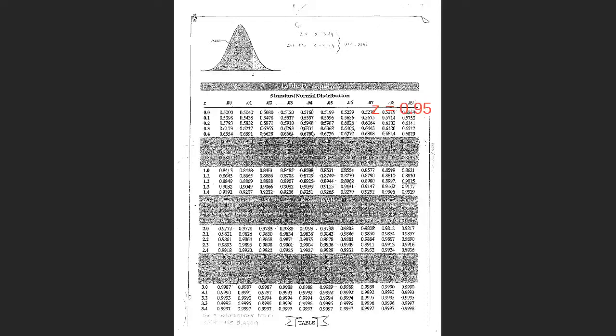I've given you the Z-score, and it's asking for the area to the left. So 0.9, remember I first looked in the column for 0.9, and that is right here. So I want that bottom row there.